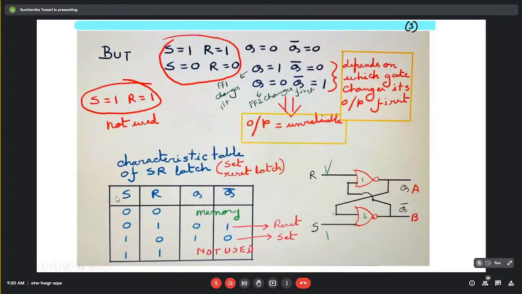That is why we are establishing the characteristics of that circuitry through this table, called the characteristic table. In many books they loosely say truth table of latch or flip-flop, but strictly speaking it is the characteristic table.